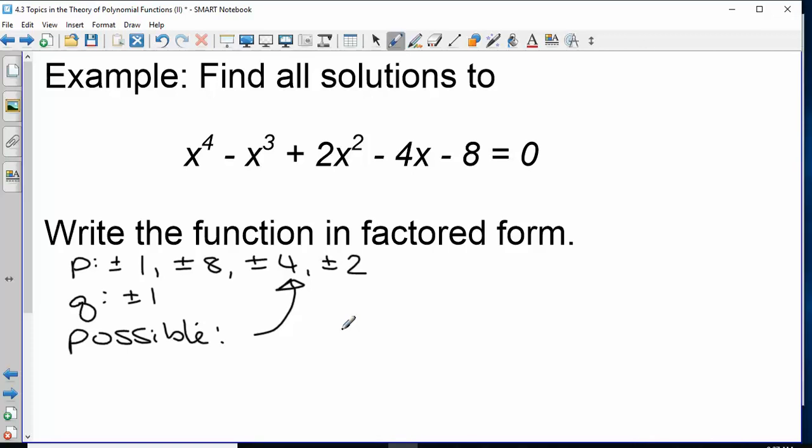Okay. Then find one that works. What did you say? Negative.